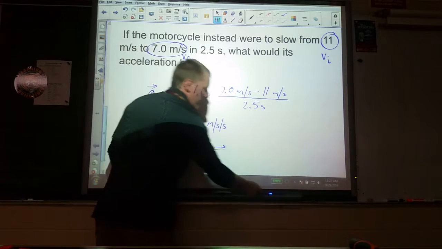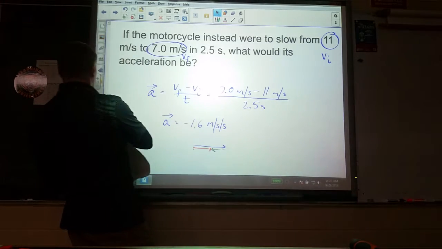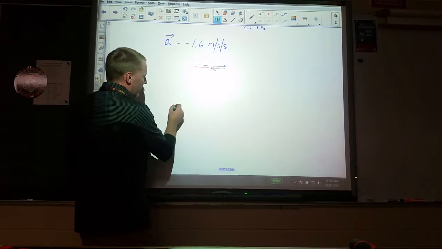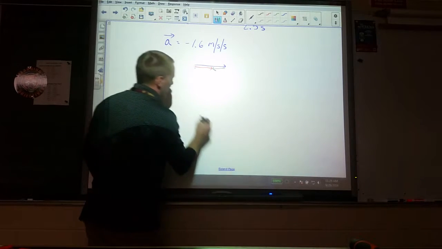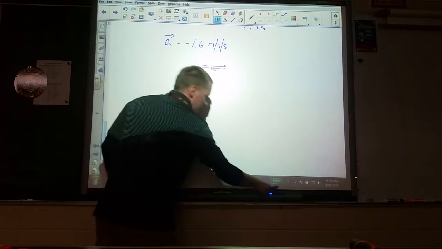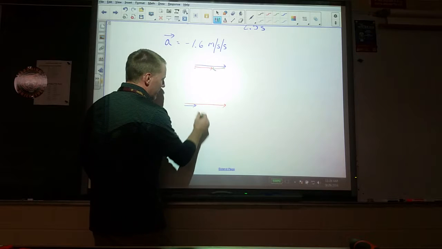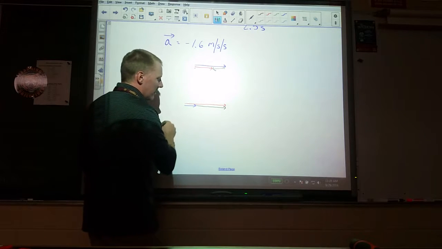If we saw that it was picking up speed, we can kind of think of that graphically. So let's say that we're going from a slow speed to a faster speed. Well, then our acceleration has to be in that direction.